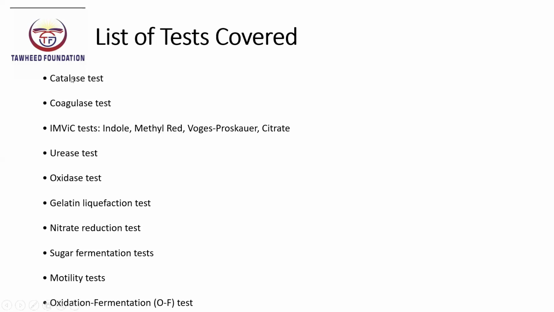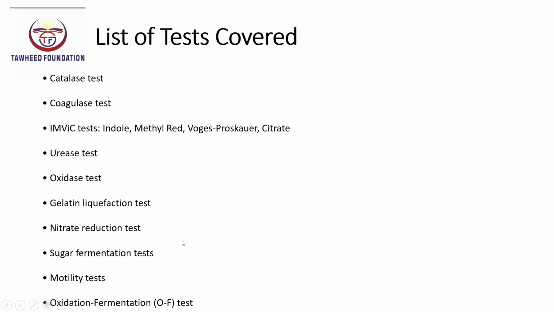Catalase test, why do we do the catalase test? To detect catalase enzyme. Coagulase test detects coagulase enzyme, and the IMViC tests will detect indole, methyl red, Voges-Proskauer, and citrate. Urease will detect urease enzyme activity. Oxidase will detect cytochrome oxidase enzyme. Gelatin liquefaction test will detect gelatinase enzyme.